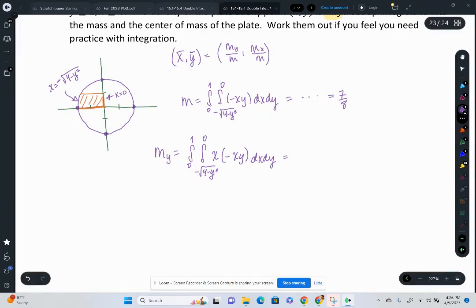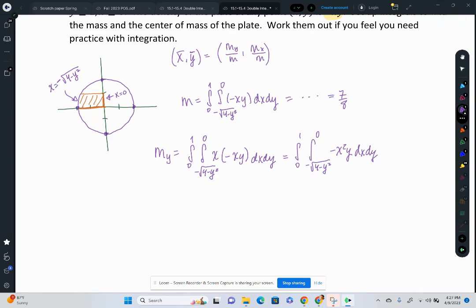Well, we can actually simplify this a little bit, just so I can talk about what the integration might look like. We have the integral from 0 to 1, integral negative square root 4 minus y squared up to 0 of negative x squared y dx dy. Okay, now when you integrate, you're going to get a cube.